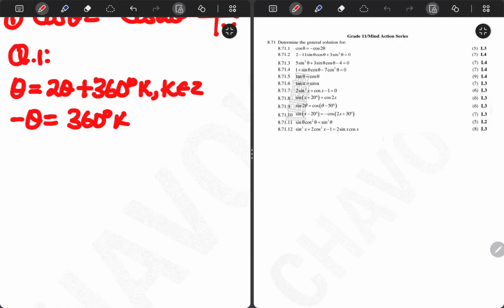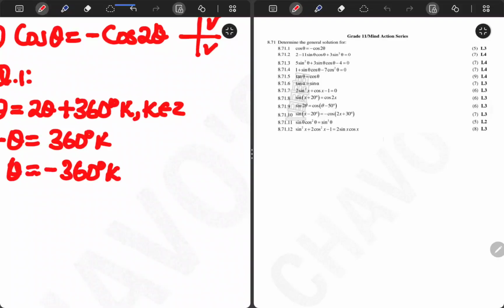We just need to write k element of integers once. If you can write it there, it's fine, or you can write it at the end, it's still okay. Then from there, you can divide by -1, then this is your final answer here. This is your first answer there.